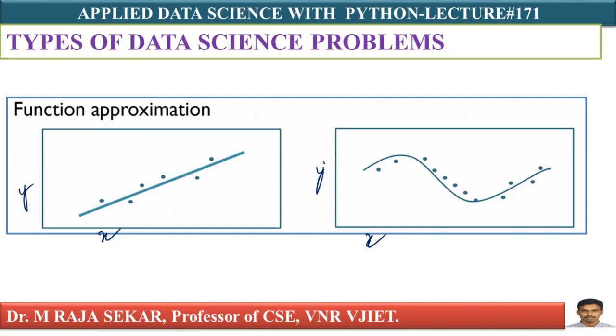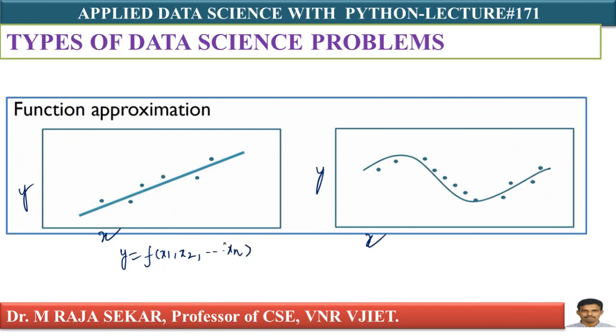However, you could have many attributes x1, x2, xn, and the output being a function of many attributes. This is also a function approximation problem. I can say y equal to f of x1, x2, so on, xn.